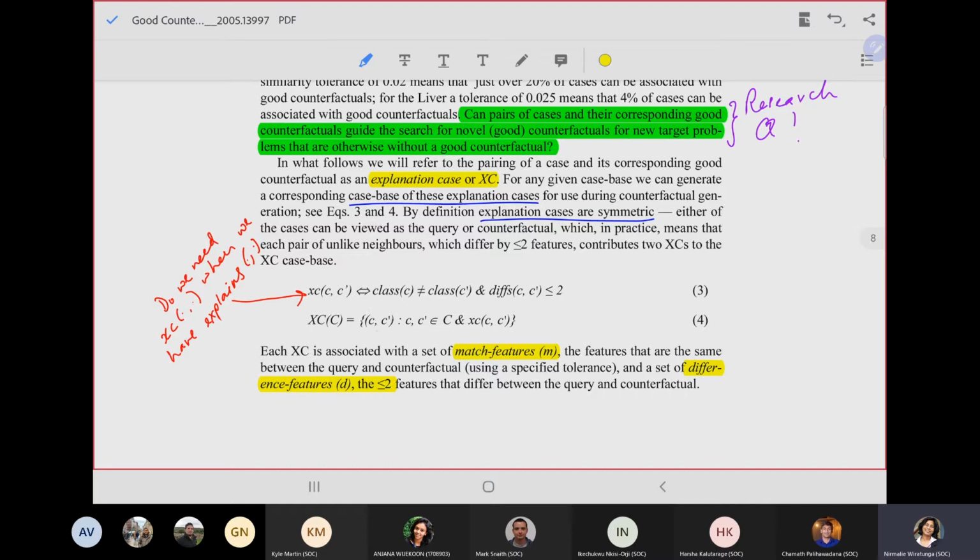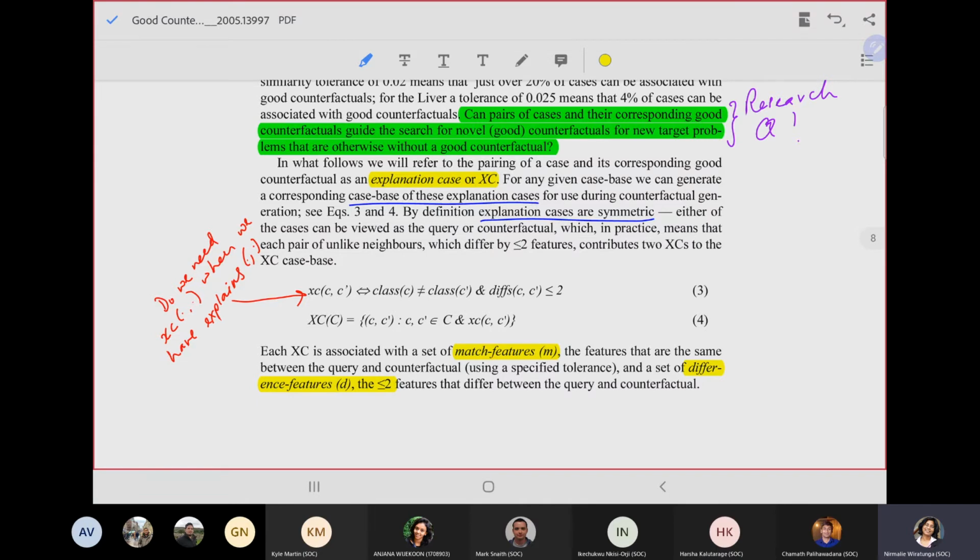So that is C comma C prime. That itself is a case, and those pairs together form a case inside the explanation case base. So this explanation case base consists of pairs of cases where a particular pair is a query or the case and its explanation counterfactual case.